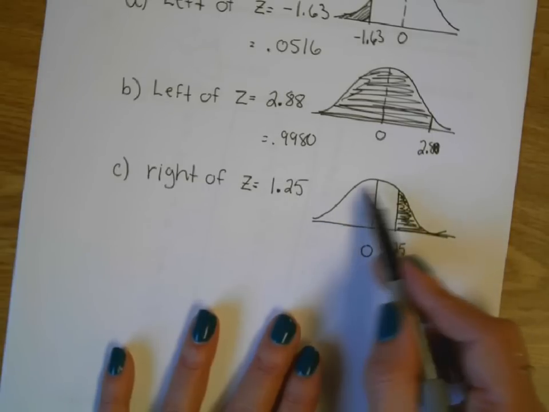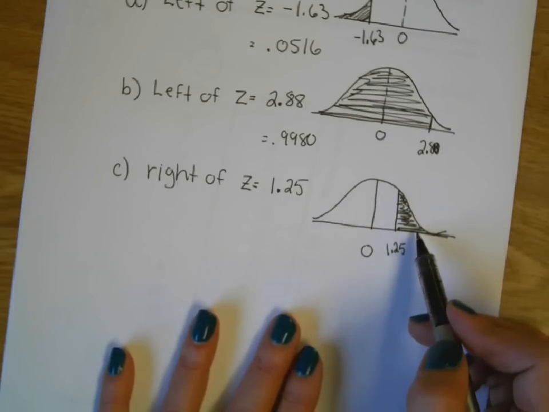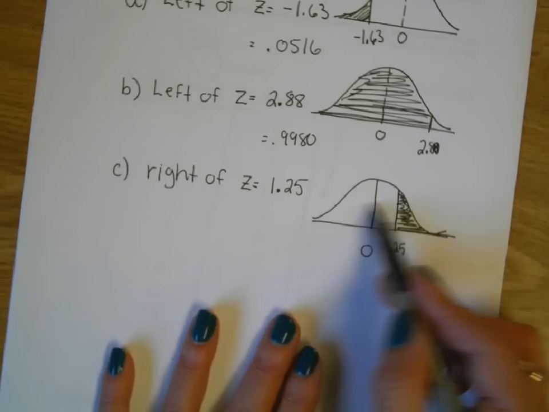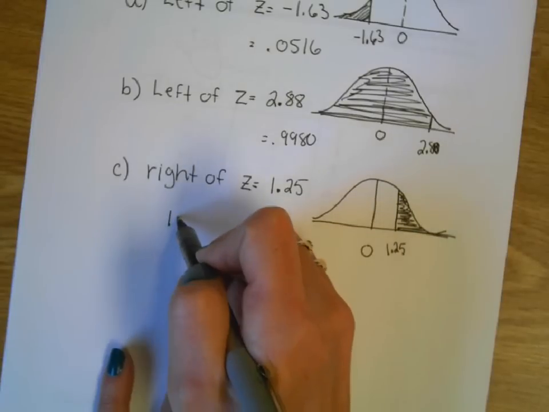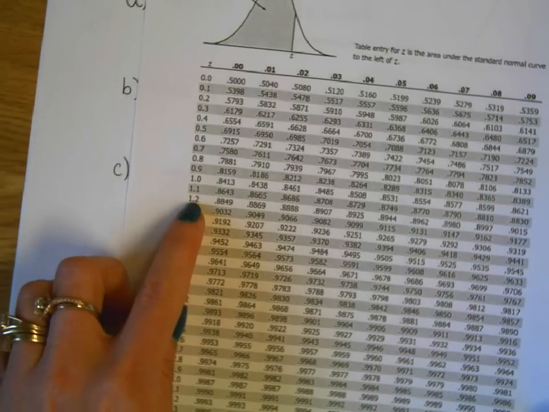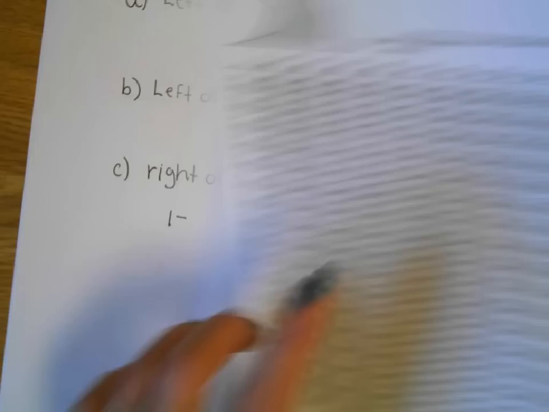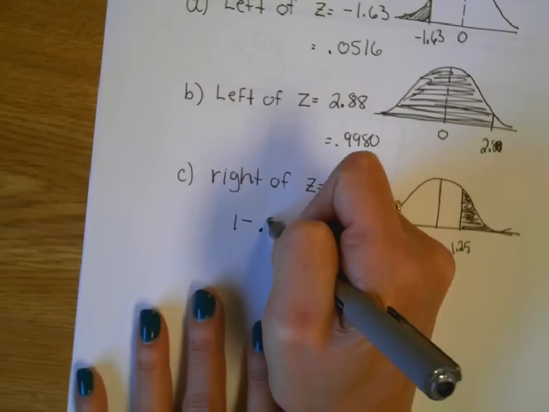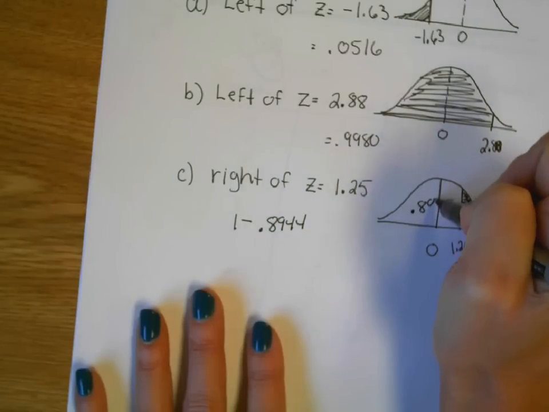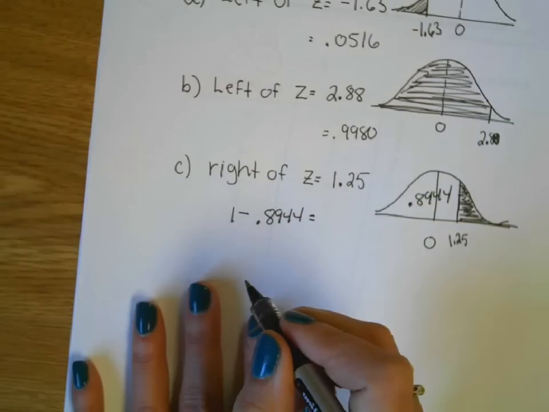The area back here. Well, what do we know about the total area under the curve? It adds up to 1. So what are we going to do? 1 minus whatever the table gives us, because it's going to give me the area back here. So what is the area behind 1.25? 0.8944. So it's going to be 1 minus 0.8944. So what does that come up to be?